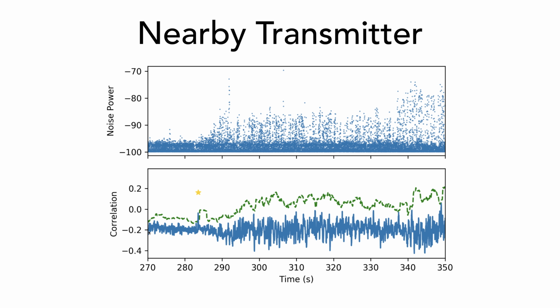And so you can see here we receive some of ONPC right here. The star means we received it. We have a high correlation here. It goes above a certain threshold. This is a correlation. But then all of a sudden, with this high transmission, it just blows it out, and we can't see anything. ONPC is transmitting during this time. We just can't see it because we have this powerful transmitter interfering with us.